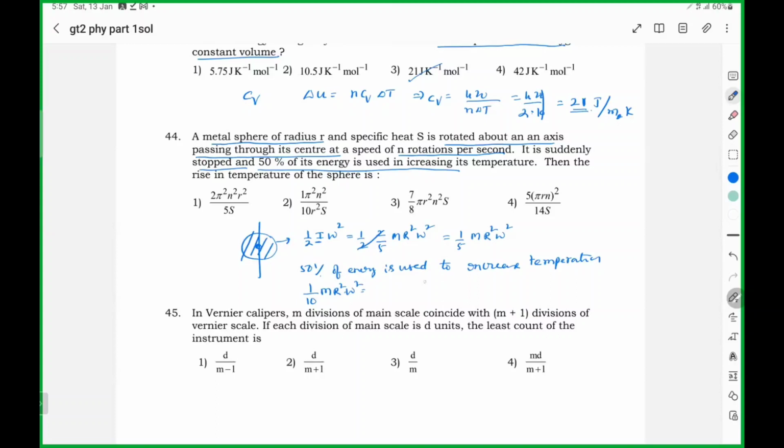So delta T will be r square times n rotations per second, where omega square is 4 pi square n square, since omega is 2 pi n, by 10, and the specific heat is also involved, giving 2 by 5 pi square n square. That is the rise in temperature.